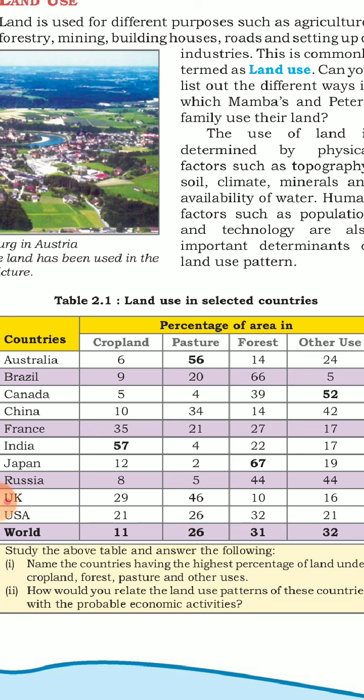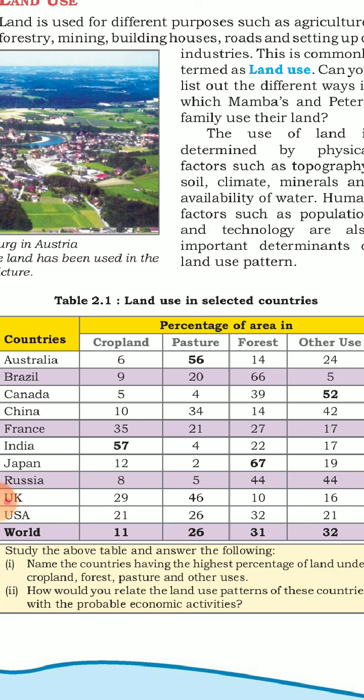Cropland means land used for growing crops, and pasture means land covered with grass and other plants suitable for grazing animals. Other use means land used for residential purpose, recreation and commercial purpose.